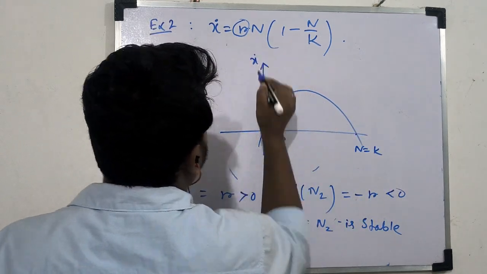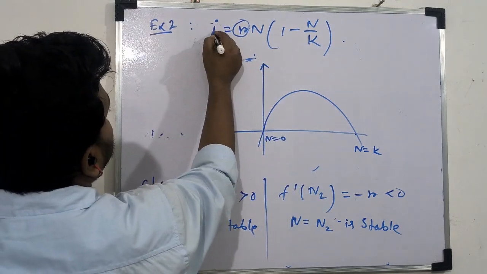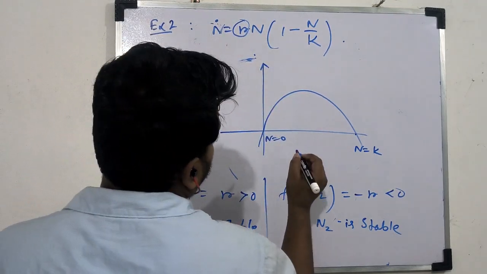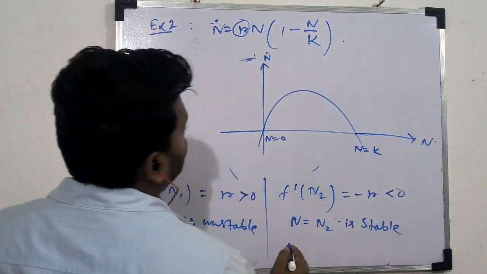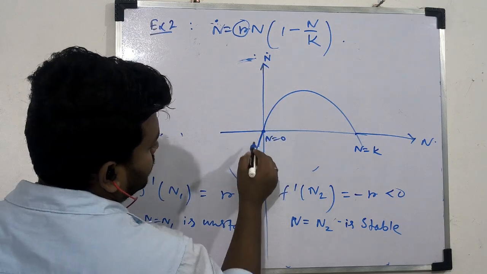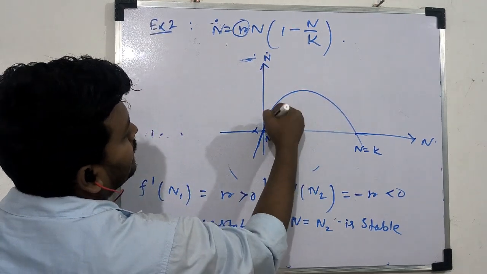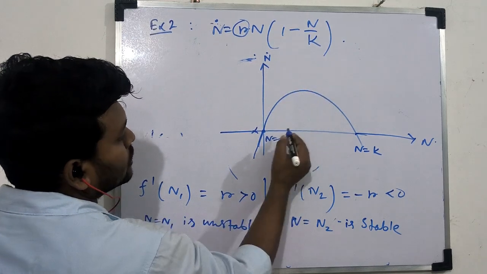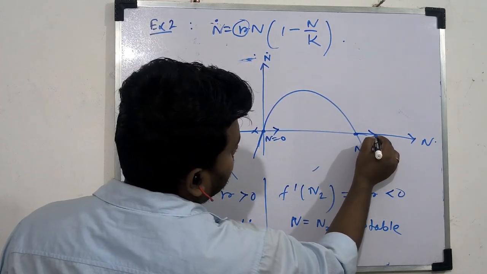This will be n naught. So this is n naught, this is n. As n naught is greater than 0, the arrow points this side, and here the arrow points this side.